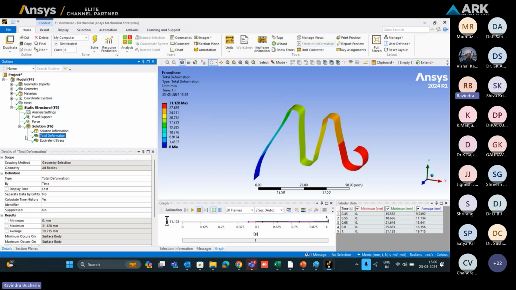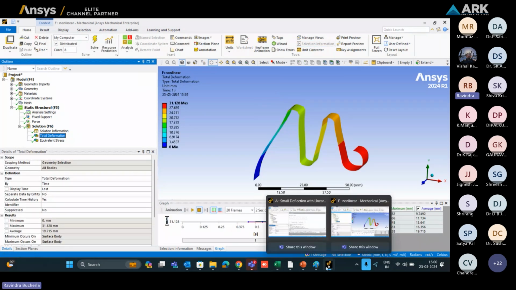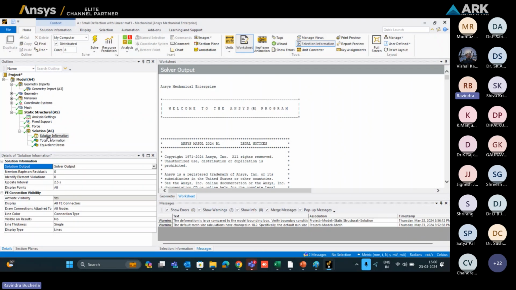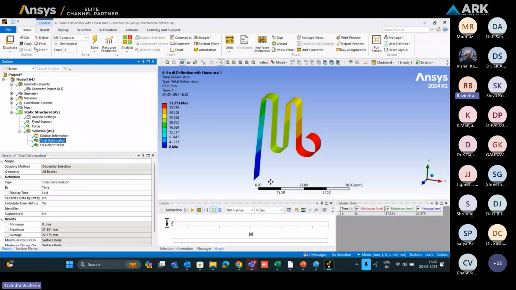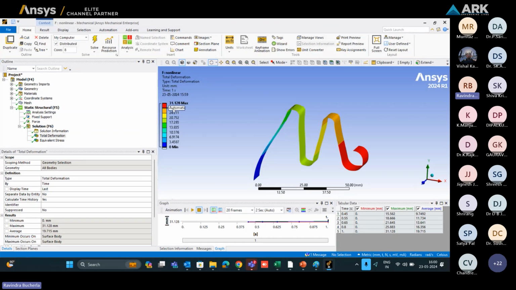Now if you observe in both models, 37.55 is the deformation that I got here, and here I got 31.128. So there you can see the difference.